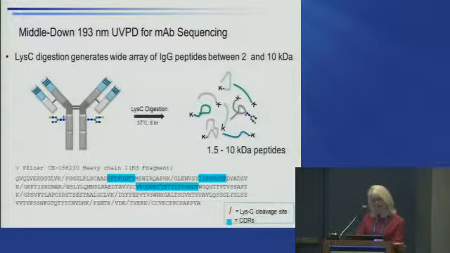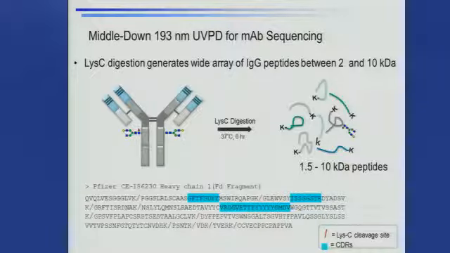And so if you think about using a middle-down approach, you want to use a protease which will create larger peptides. And so here we're using something called Lys-C, which cleaves after lysines. It should generate peptides in the 1.5 to 10 kilodalton region.